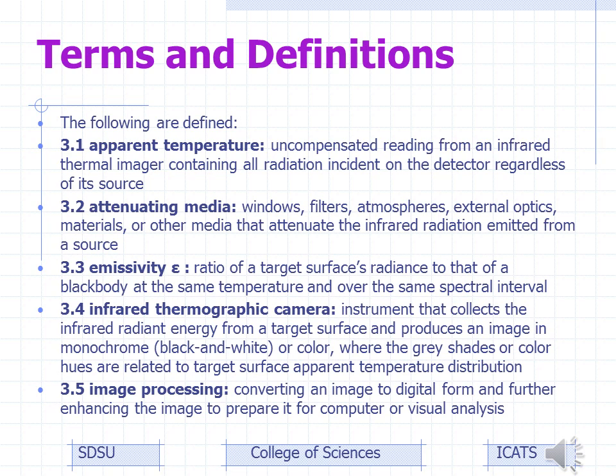So that relates to the target surface and apparent temperature distribution in the object being imaged. Lastly, on this slide at least, image processing: converting an image to digital form and further enhancing the image to prepare it for computer or visual analysis.